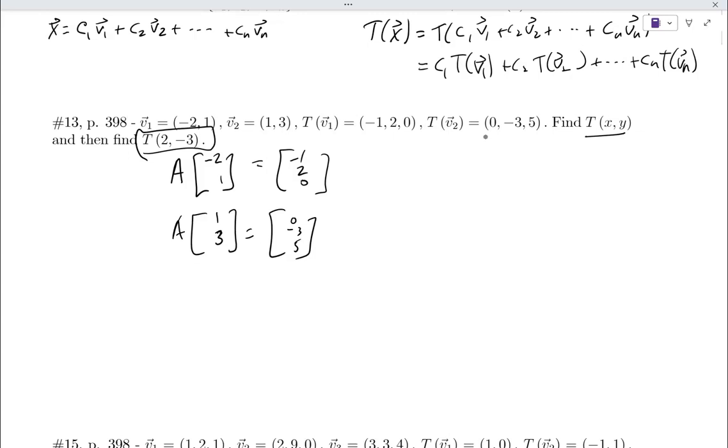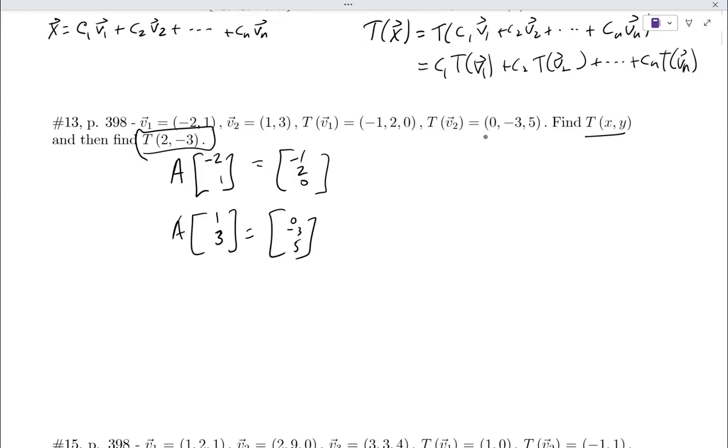What did the previous thing above say? Yeah, go ahead. Find (2, -3) as a combination of v1 and v2, and then use the same combination of the transformations to find it.